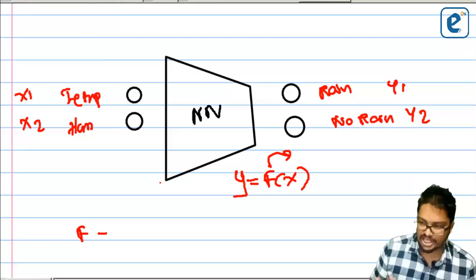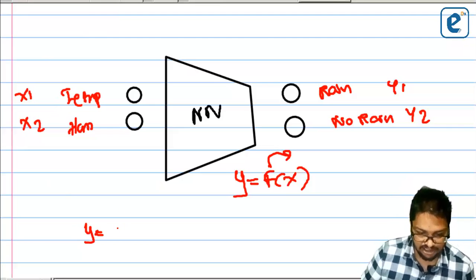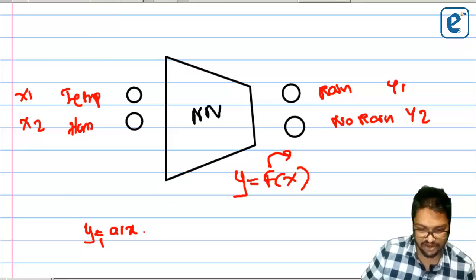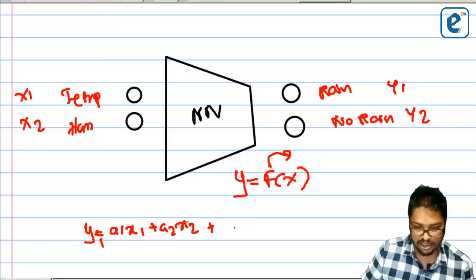Actually, now we can say y can be something like this: y1 equals A1 x1 plus A2 x2, and we can add A0, the constant.